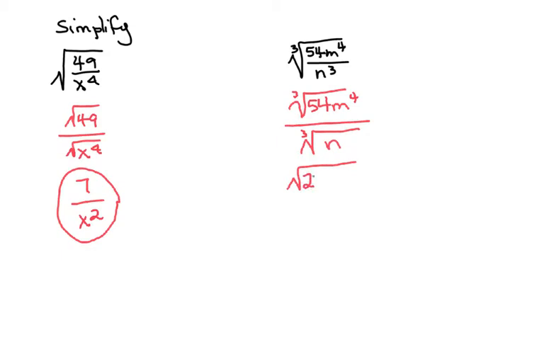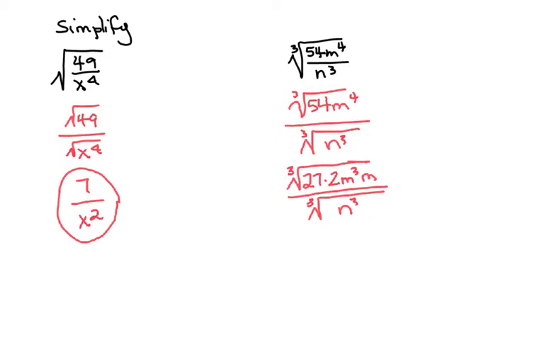Well, we have 27 times 2 is 54, and m to the fourth is m cubed times m. m cubed is a perfect cube, so we'll write it separately. Those should be n cubed.